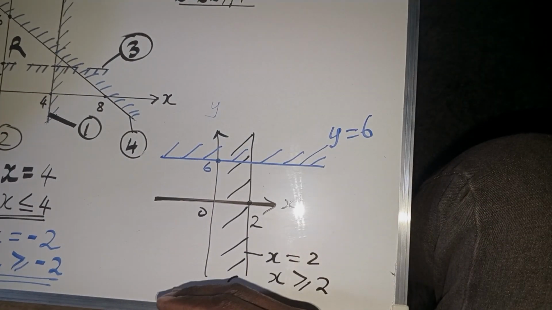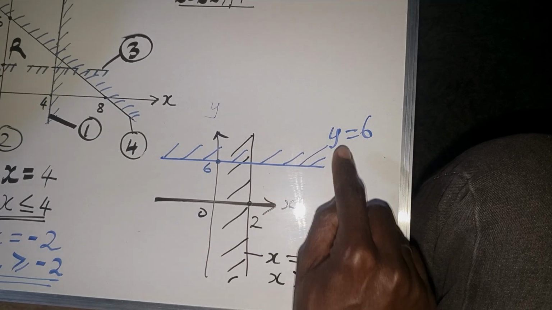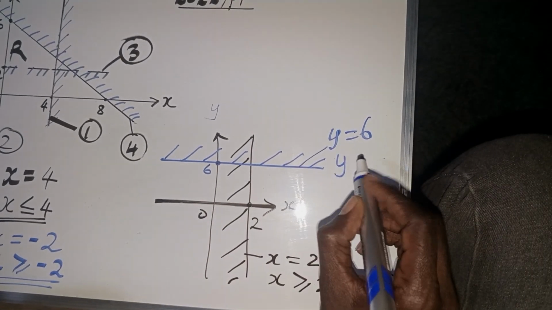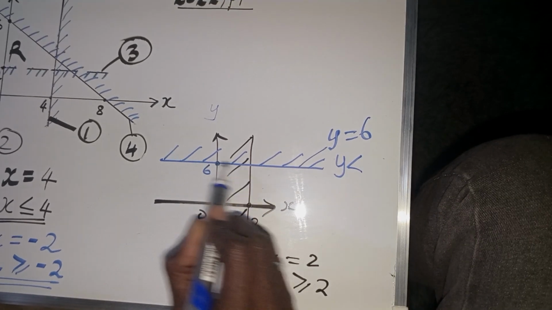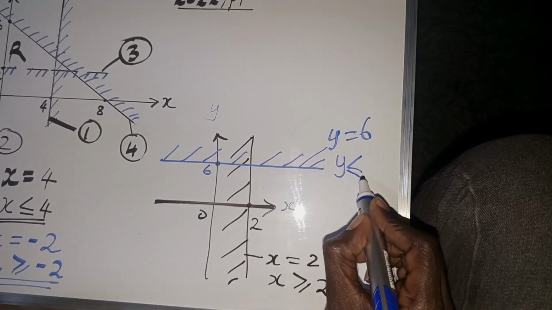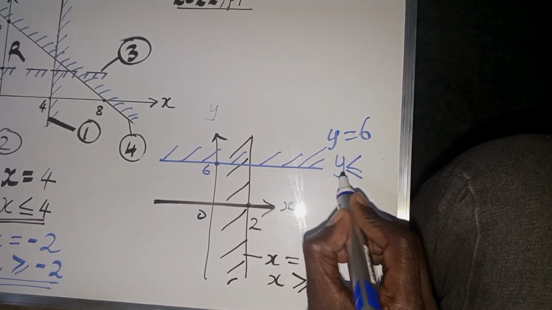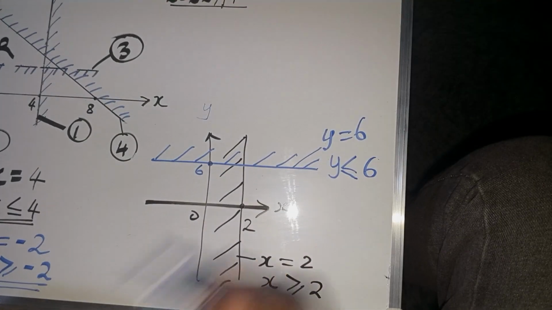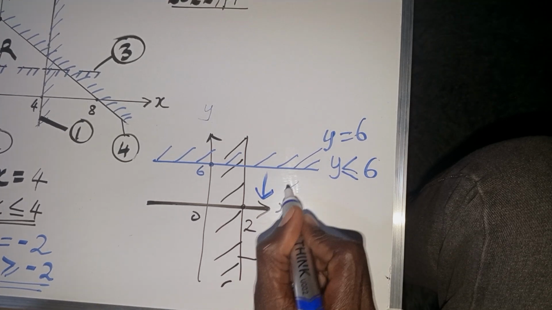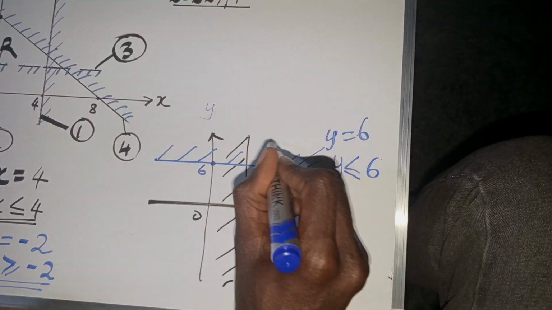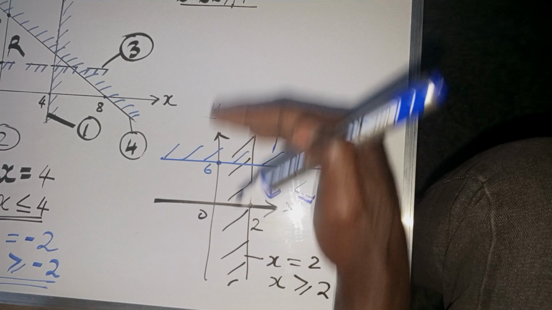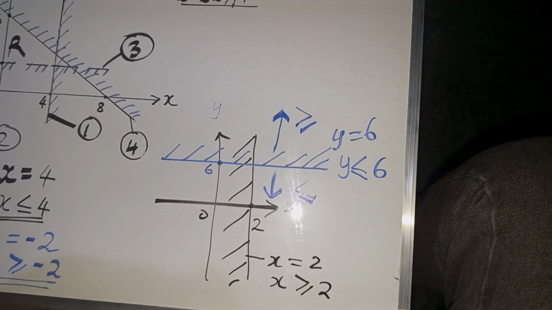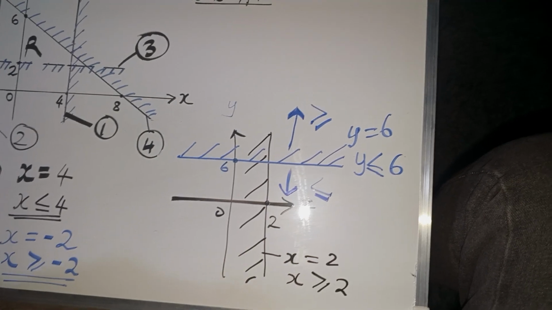Numbers going below, downward, are actually decreasing. So the inequality sign you're going to use will be y should actually be less than, but because this is a solid line, remember to include the equal to. So it will be y should be less than or equal to 6. Going down here is actually going to be less than or equal to. If you were told to find the region up there, it would have actually been greater than or equal to, because the numbers are actually increasing in that case.